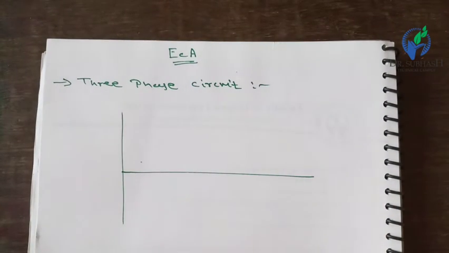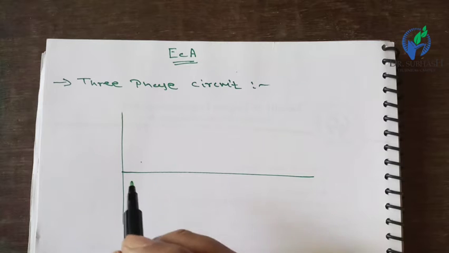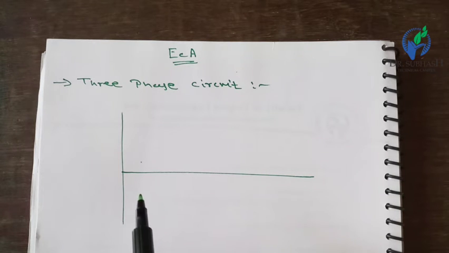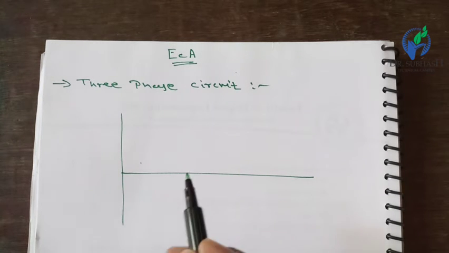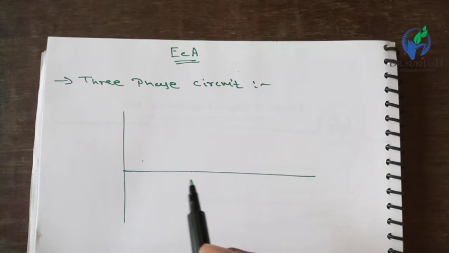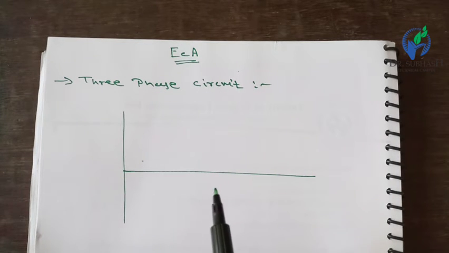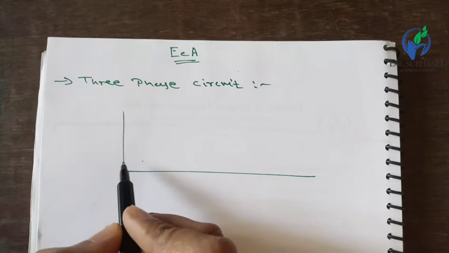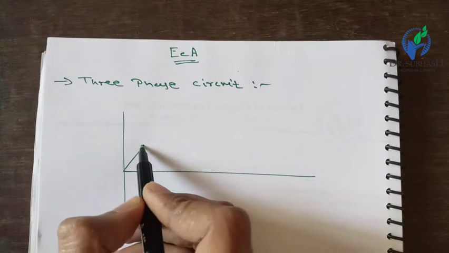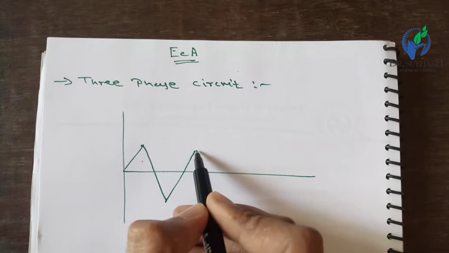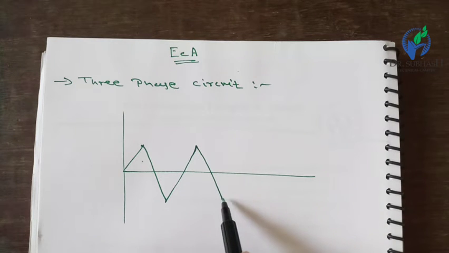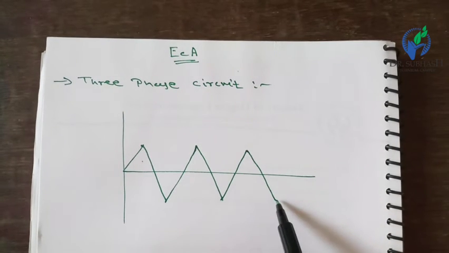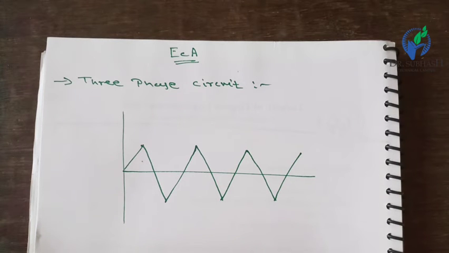For simplicity, so that all of it is clearly understood, this method gives the perfect three-phase waveform. First of all, for the three-phase waveform, we draw the triangular shape. It is a simple method.